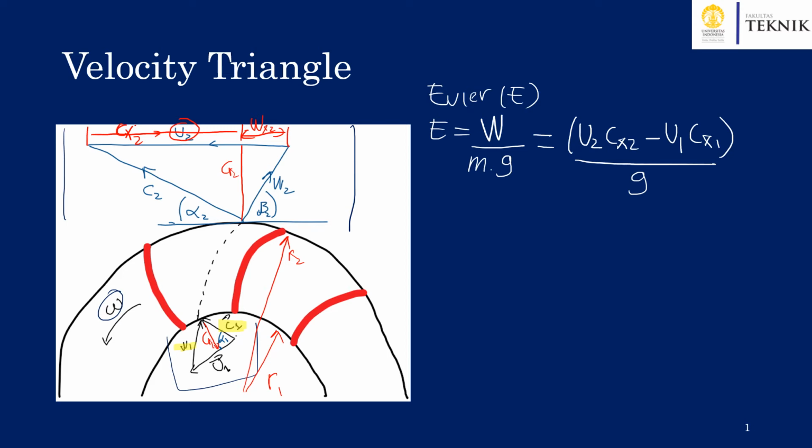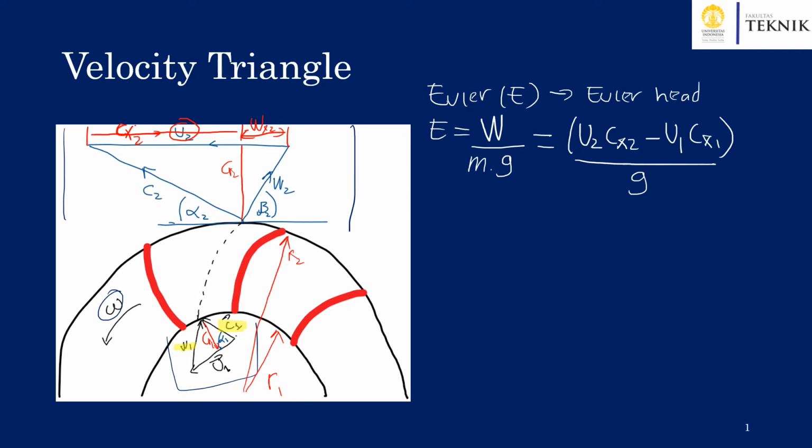This Euler equation is often called the Euler head. It represents the ideal or theoretical head that is developed only by the impeller, not the entire pump.